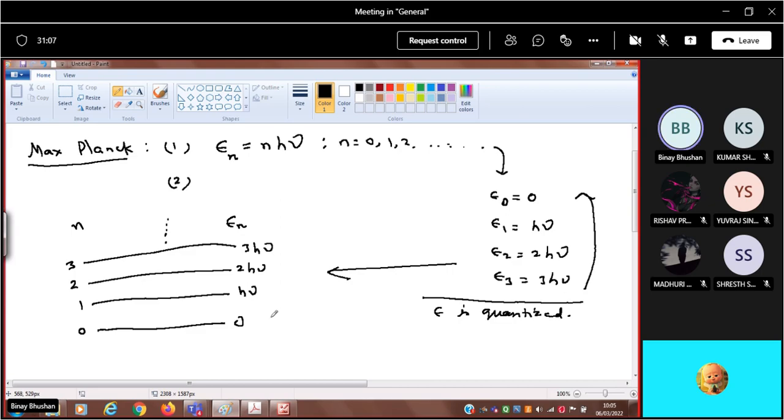And this emission and absorption of radiation takes place in multiples of h nu only.